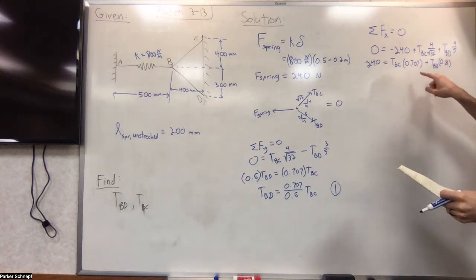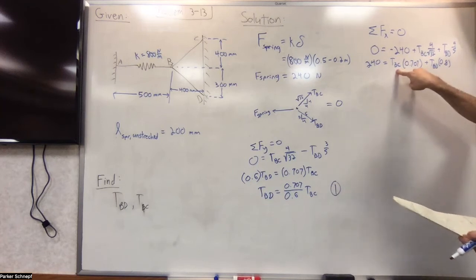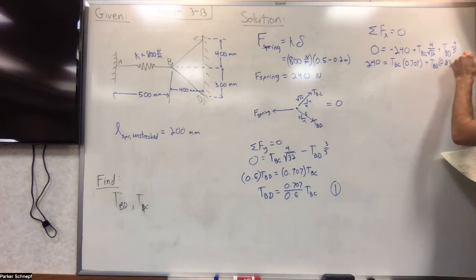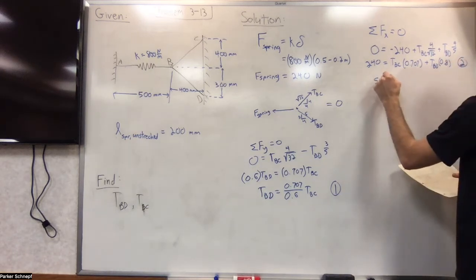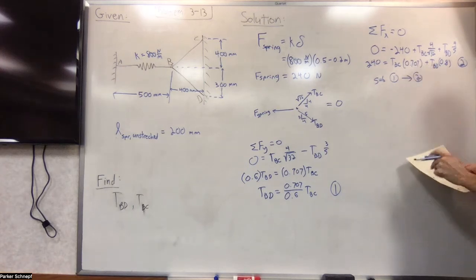And now I'm going to sub in this relationship for one of these values. I'm going to call this equation 2, and I'm going to say sub 1 into 2, just so I can keep track of where my values are coming from.